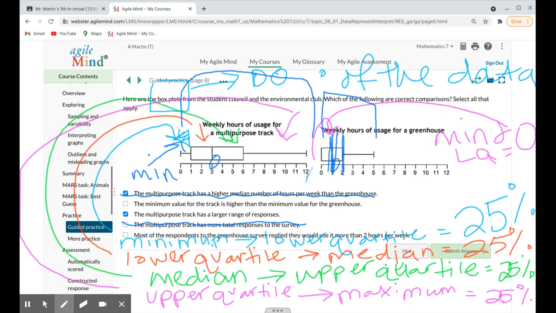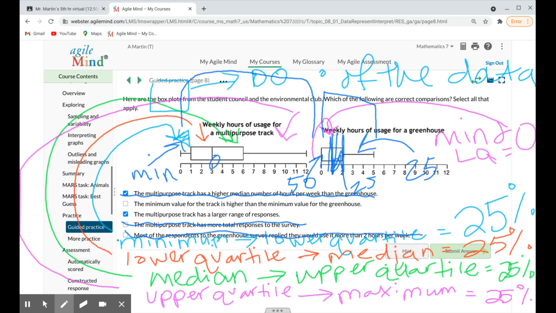Yes, so wouldn't that be incorrect? If this is 50, then that would be 25. So the only thing that's more than 2 hours per week is right there, which is only how many percent? 25. So 75% of the people actually would use it less than 2 hours a week. Correct. So that is wrong.